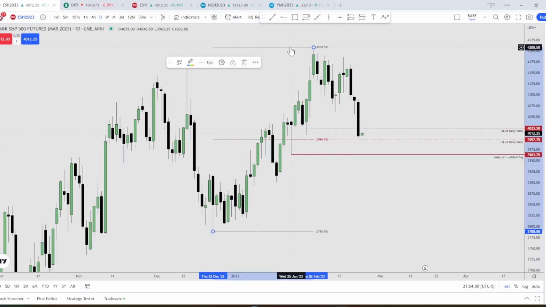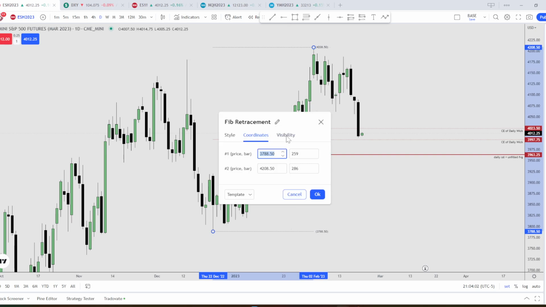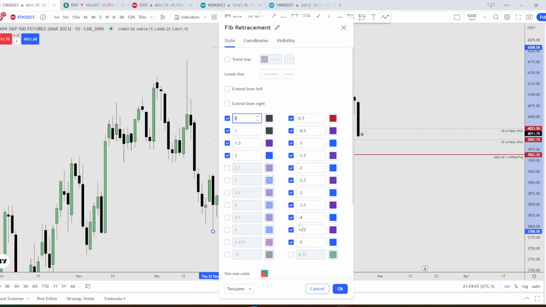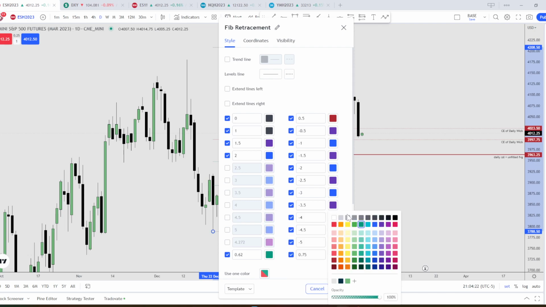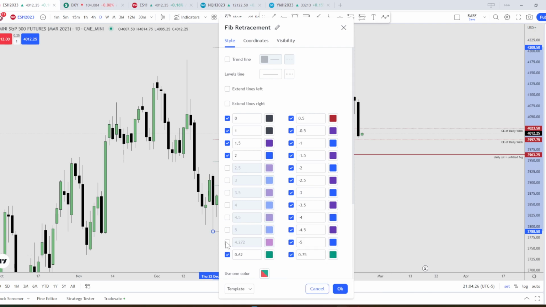Okay, if I were to add on the optimum trade entry, where is it? It would be 62, 75, and 70.5, I think.